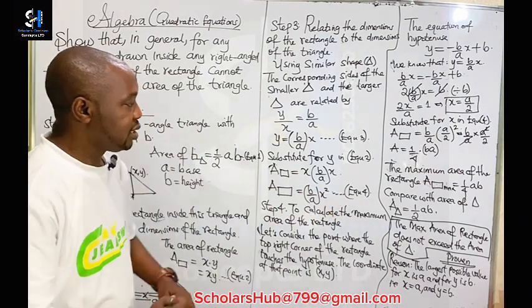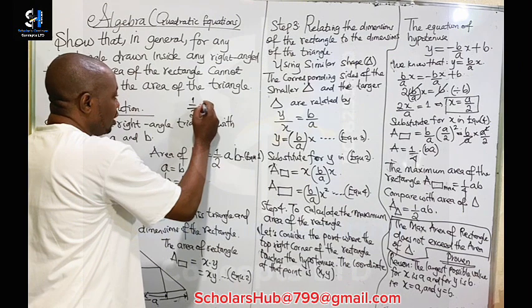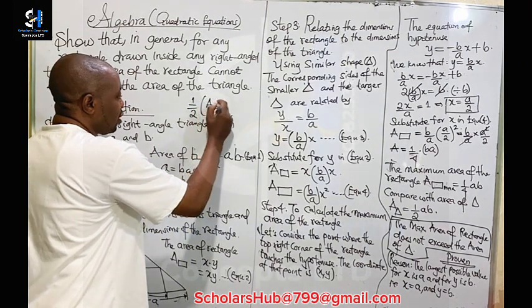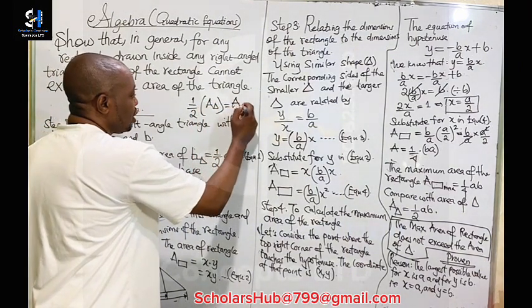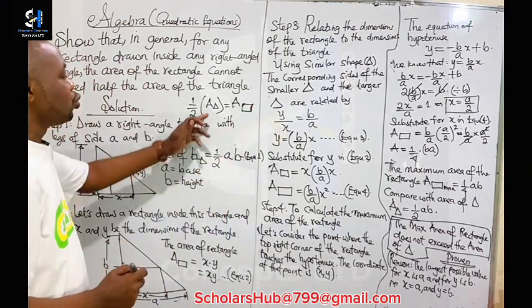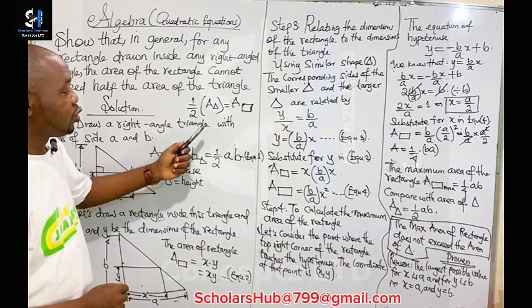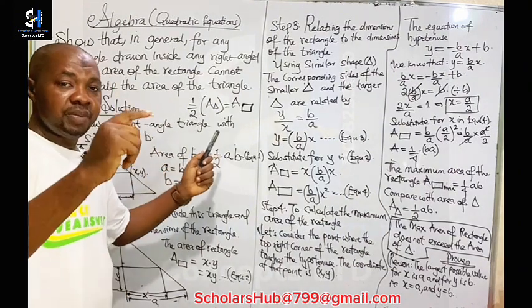So what we have here is that half of the area of the triangle is equal to the area of the rectangle, and it will not exceed this. And what is the area of the triangle? Half times base times height.